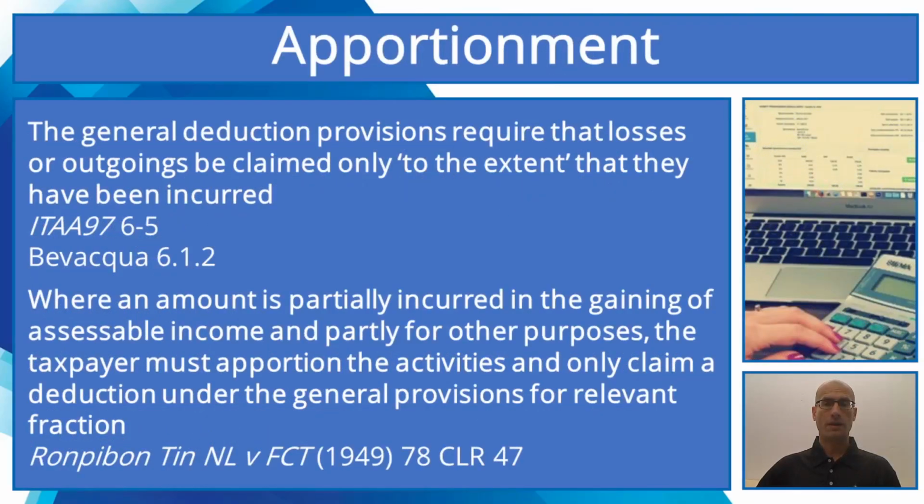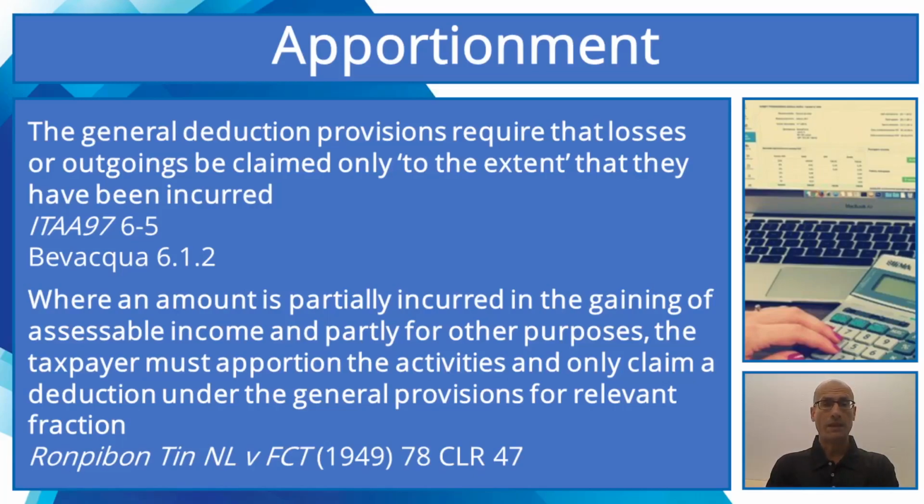One other phrase which applies to both aspects of the 2 limbs of general deductibility is the idea of apportionment. That is, the section says that the losses or outgoings can be claimed only to the extent that they've been incurred.